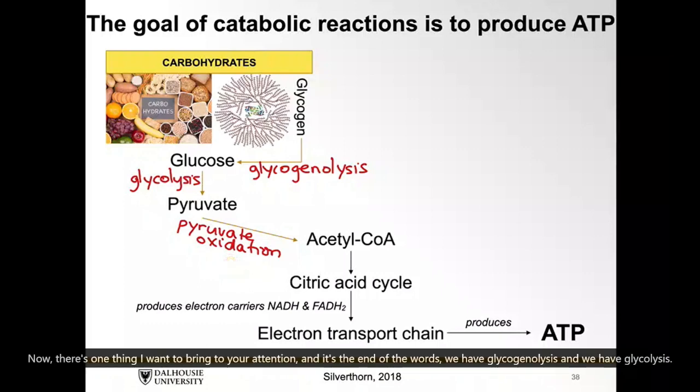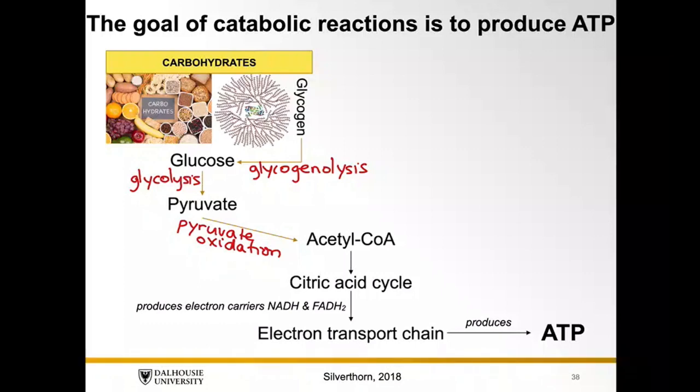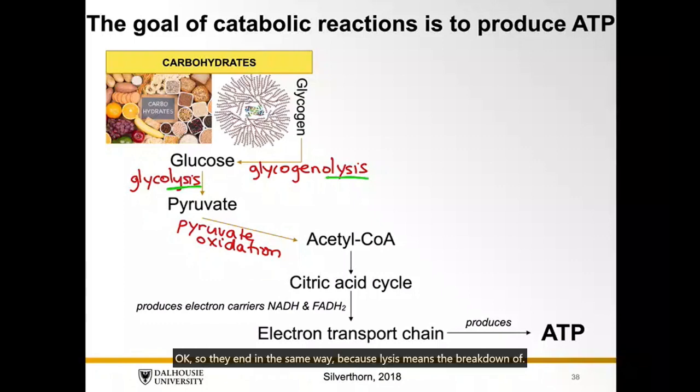Now there's one thing I want to bring to your attention, and it's the end of the words. We have glycogenolysis and we have glycolysis. So they end in the same way because lysis means the breakdown of. When you're trying to learn these terms, you don't really need to memorize them.